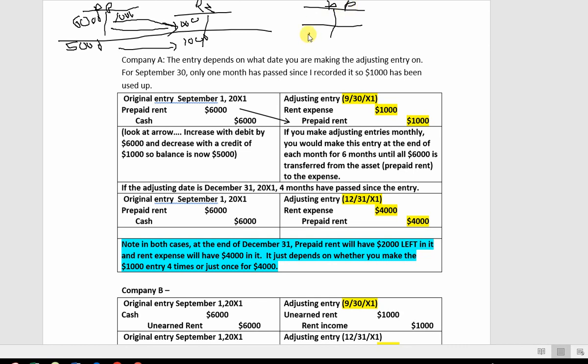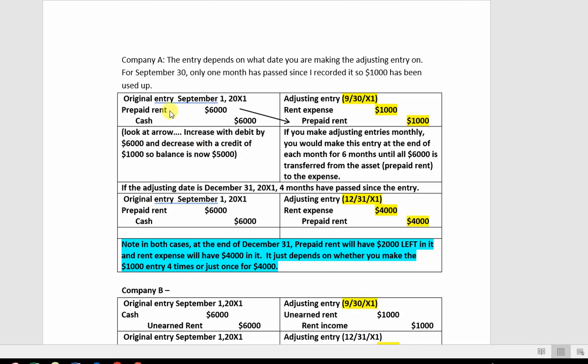My prepaid rent has 6,000 in it. I took out 4,000, so I've got 2,000 left in prepaid rent. In rent expense, I've moved over 4 months, so 4,000. So at December 31st, I have 2,000 left in prepaid, 4,000 in rent expense. That adds up to $6,000.